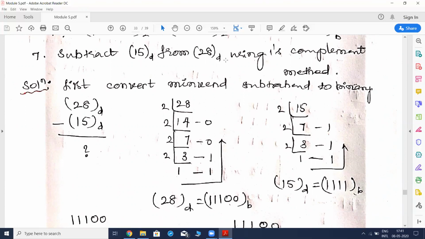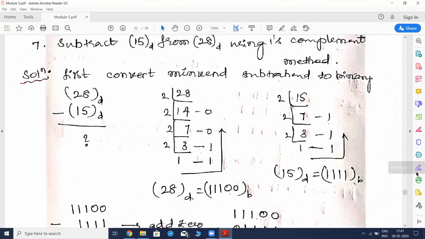Whenever such kinds of problems are asked, the first step is that whatever decimal numbers are given, you must convert them to binary and then proceed with the procedure that I have told. So 15 decimal, when you convert that to binary, you know that decimal to binary means divide by the base.